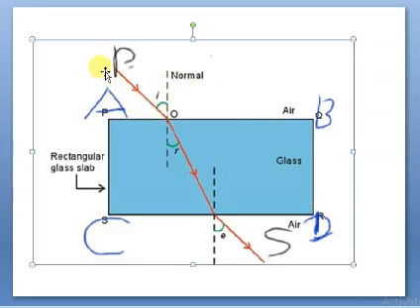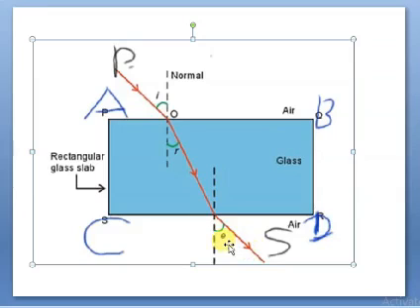Now you look at your incident ray PO. Then you look at your refracted ray, represented by OQ. Then you see another ray, which we call the emergent ray, represented by QR.